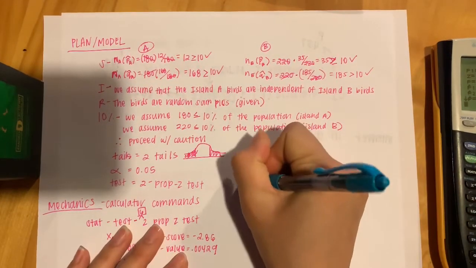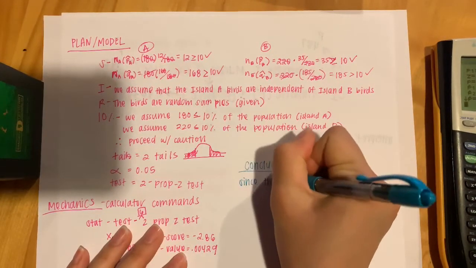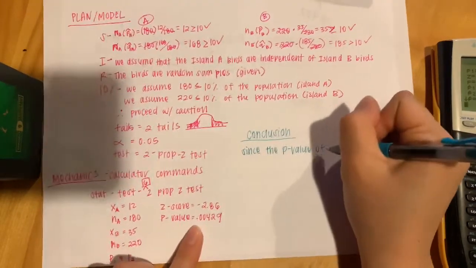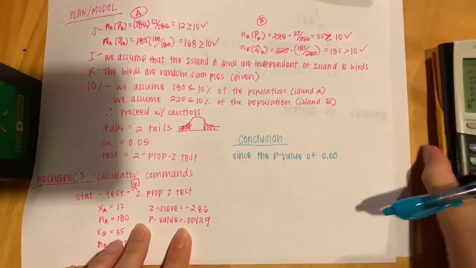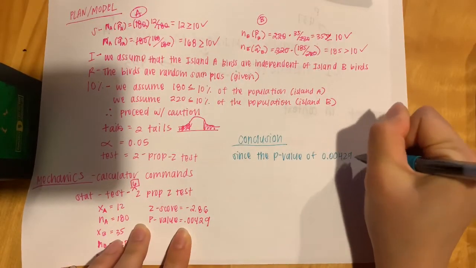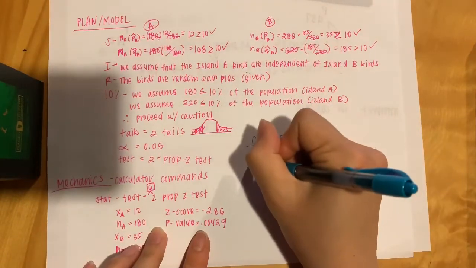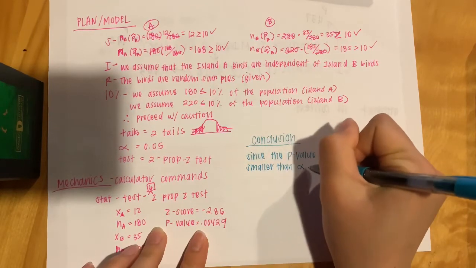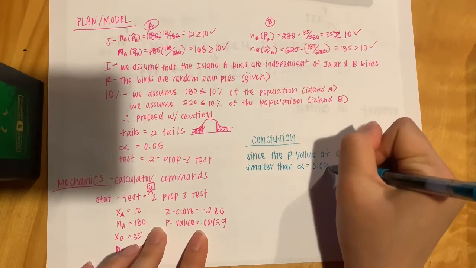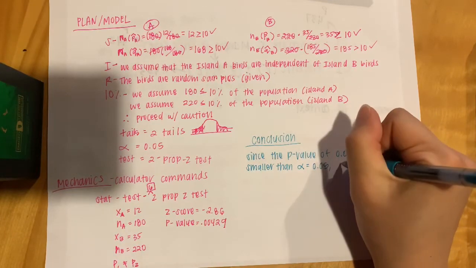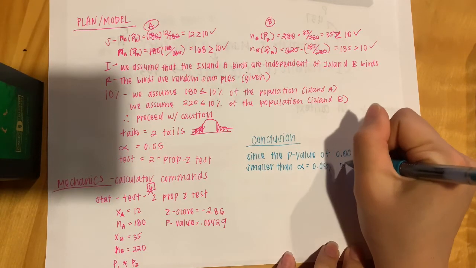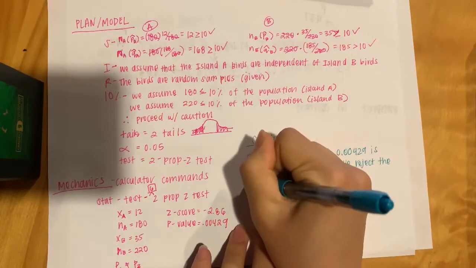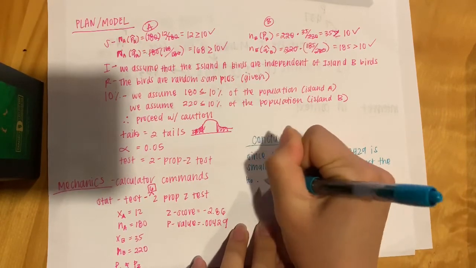Since the p-value of 0.00429 is smaller than the significance level of 0.05, we reject the H0.